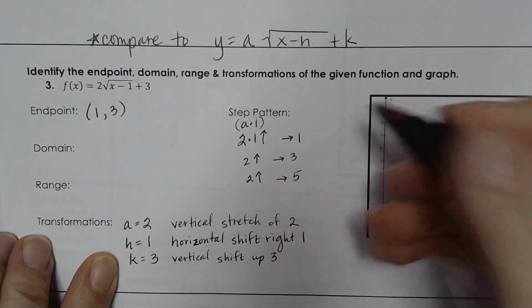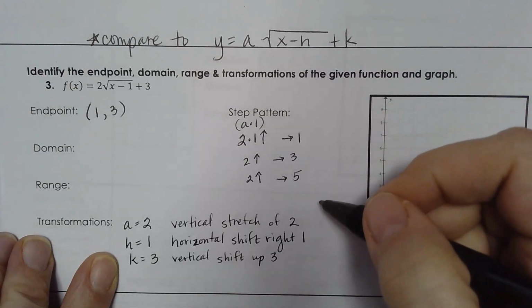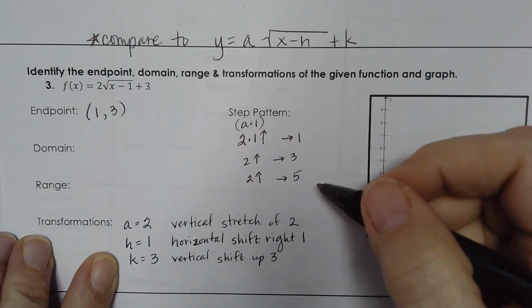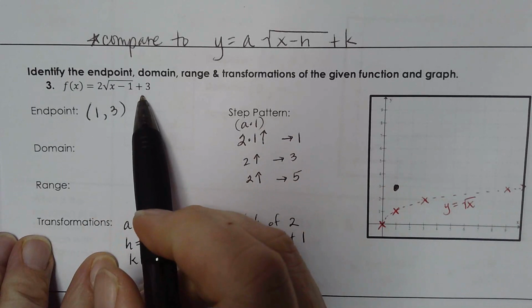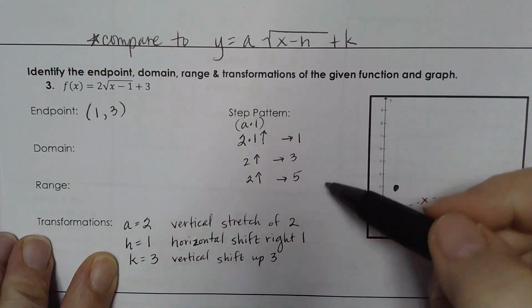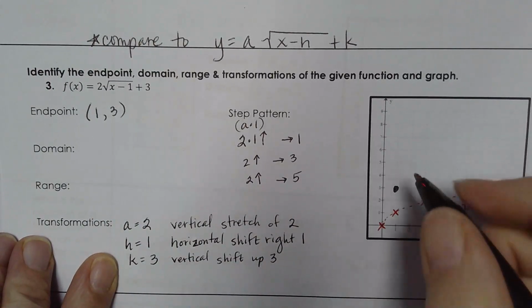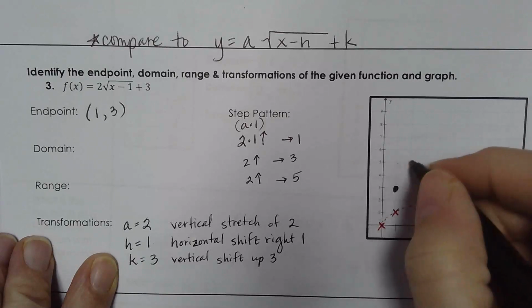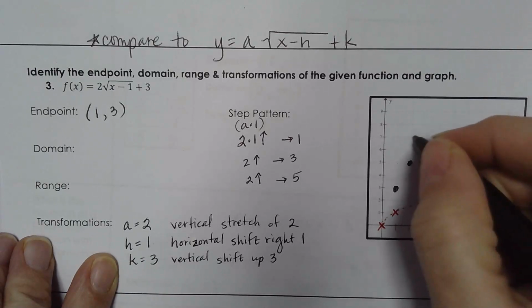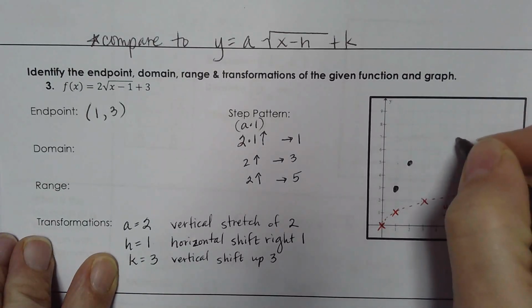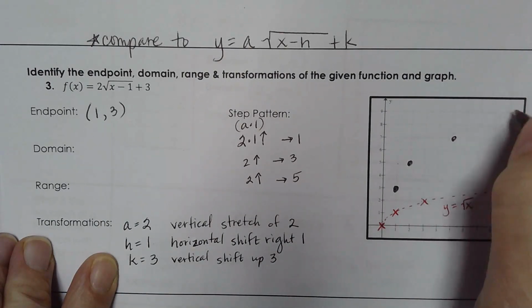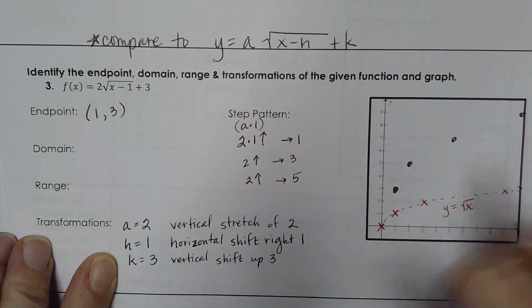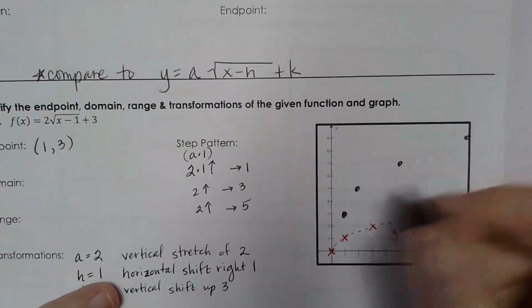You're also welcome to make yourself a table here instead of using space to make a step pattern. You could type this into a calculator and provide yourself a table to do the graph. Here I'm going to go up 2 and over 1, up 2 and over 1, 2, 3, up 2 and over 1, 2, 3, 4, 5. So my graph looks like this.